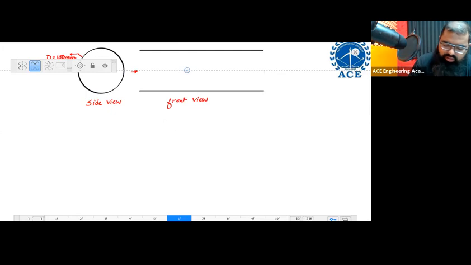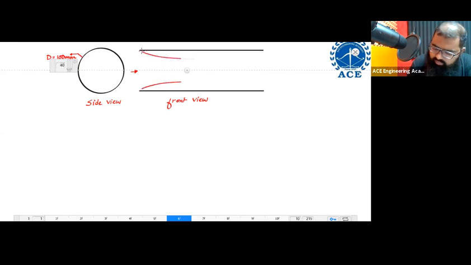There is certain boundary layer formation taking place over here, something like this. Later on, these boundary layers are going to merge.